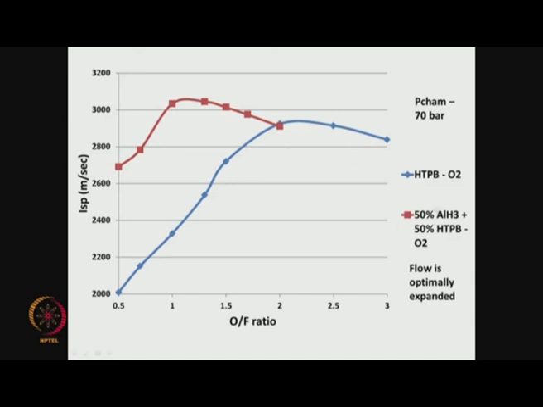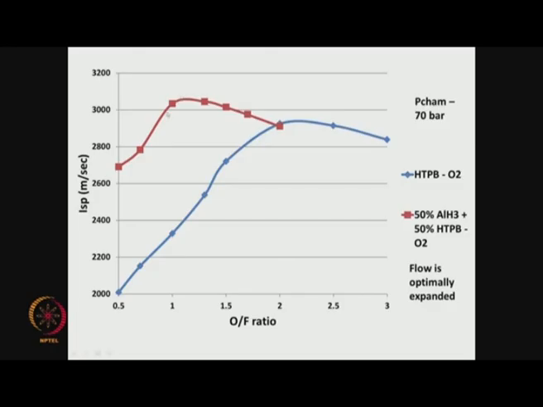Again we are comparing aluminum hydride propellants with HTPB and O2 propellants. This is again a hybrid rocket. Here we plotted with O by F and ISP on the y axis. This is for a chamber pressure of 70 bar, and again the flow is optimally expanded. What we see here is another interesting feature.